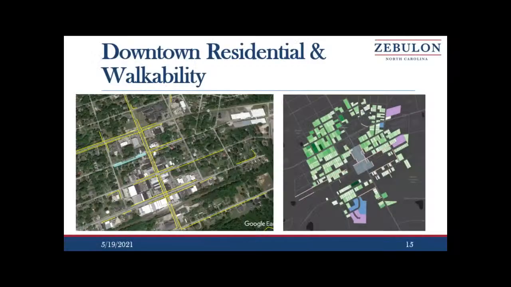Another thing that you will see is there are a total of 57 public parking spaces on Sycamore Street. That includes the west and eastern side of Sycamore Street. And that's something that we hear a lot of, is that there's a challenge with parking in our downtown.